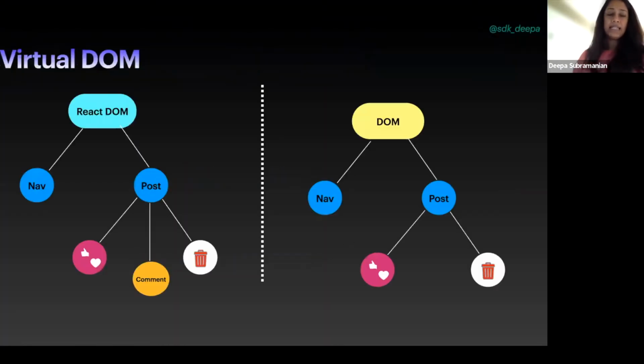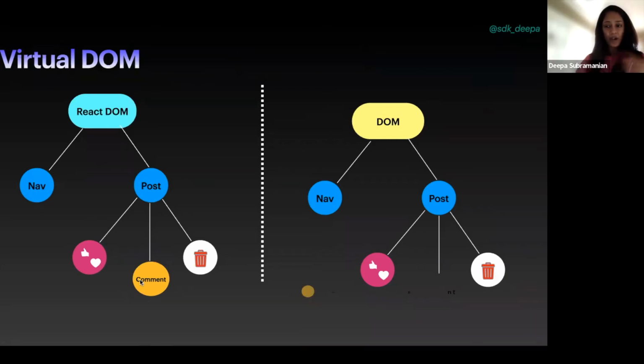So see, on the left is a React DOM. Imagine that you added a comment on Facebook here, right? The React DOM compares this comment element and its children to the previous one, and applies only the necessary DOM updates to bring the DOM to the desired state.